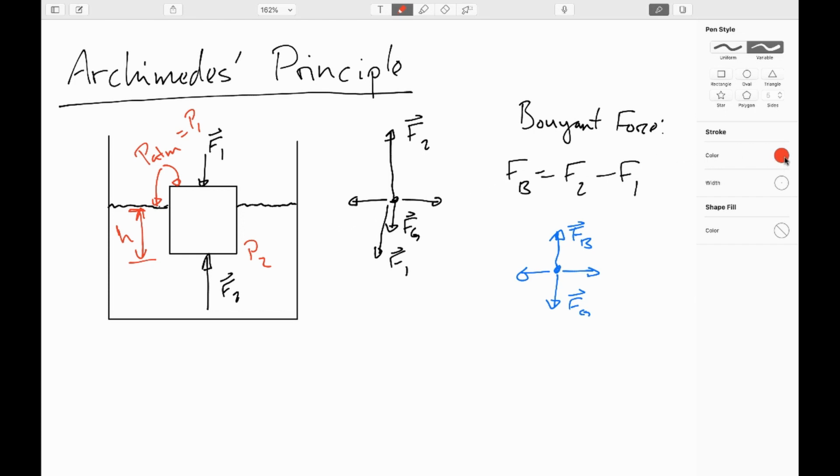Okay, so let's start to figure out what our buoyant force is equal to. It would be equal to our F2 minus our F1.